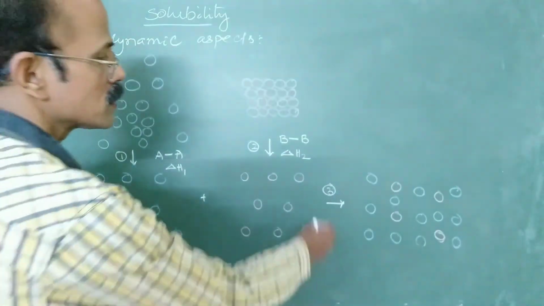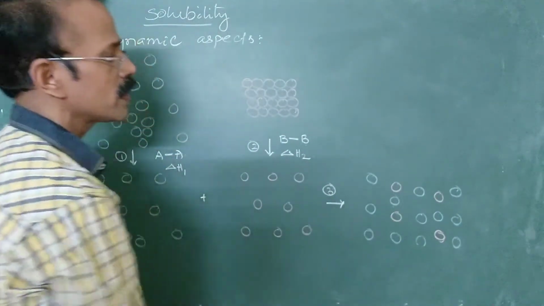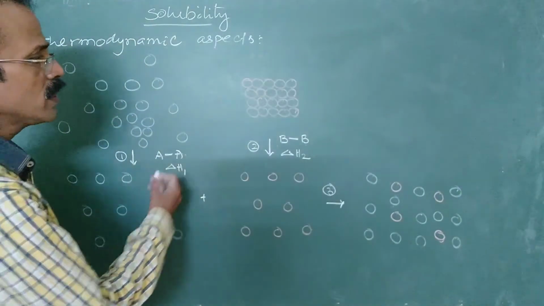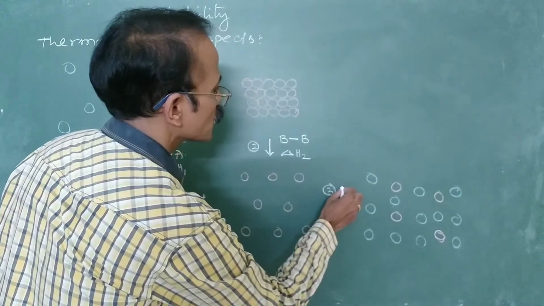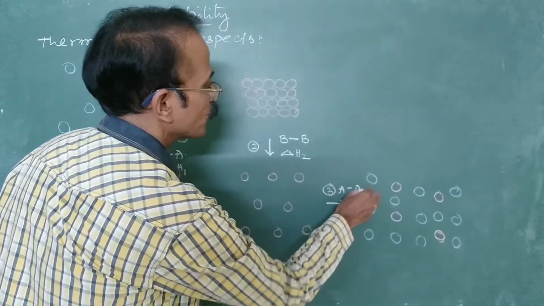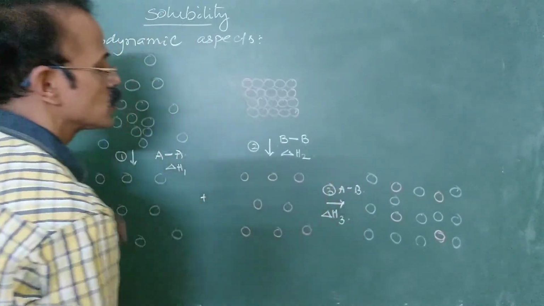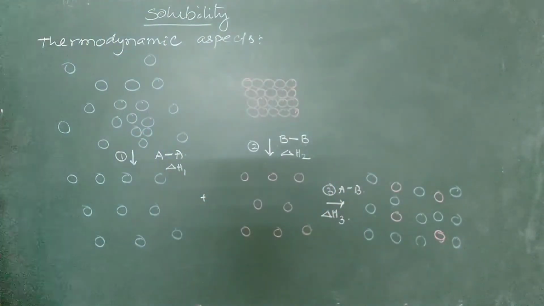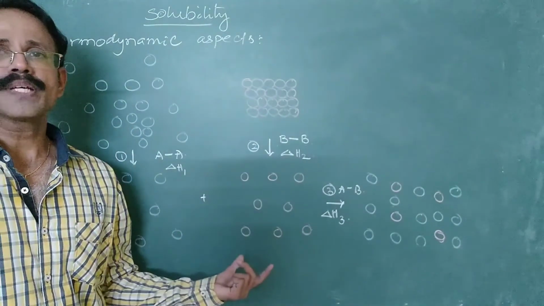This is the third step, where the attractive forces are developed between solvent A and solute B. So here the attractive forces are AB, and the enthalpy change involved in this process is delta H3.